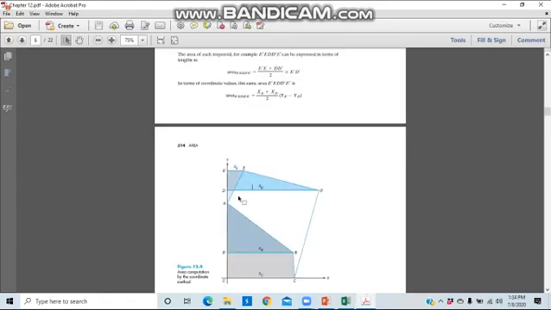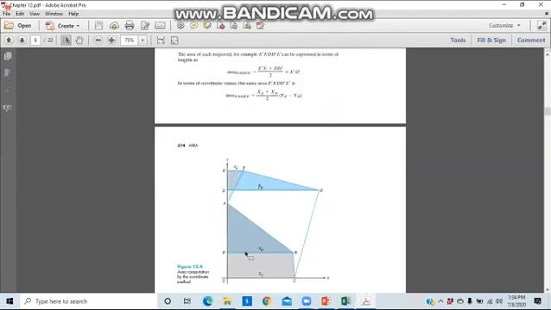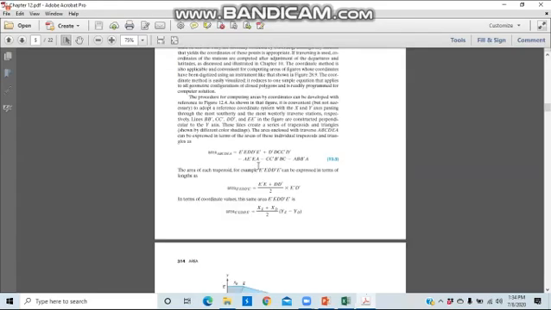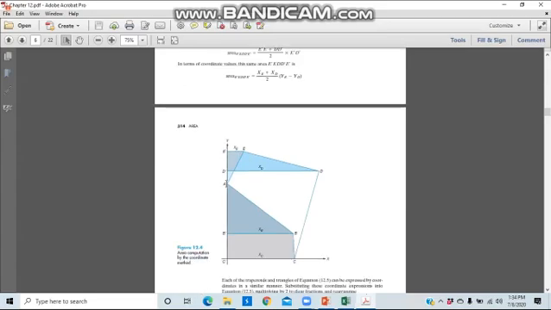But we want the area of only this shape, so we have to subtract this triangle area, this rectangle area, and this area, and then we will get this shape's area. Minus A, E dash E, A. So this area will be subtracted.